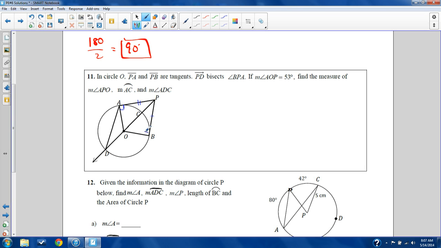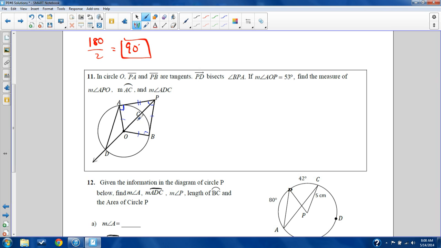By the way, the radii are also congruent to each other. And this is congruent to itself. You have congruent triangles. We already know that. But all this stuff will be important for you to know. Okay, PD, this ray, bisects angle BPA. That means it creates congruent parts right here and here.